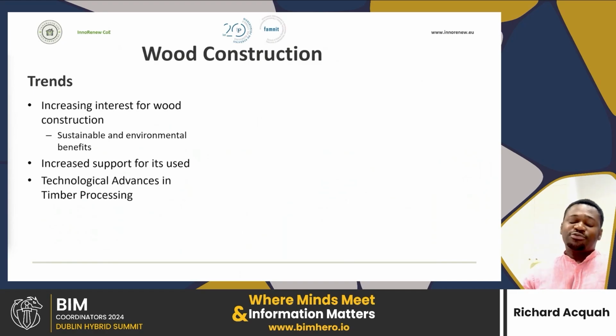And there is a lot of support in the direction of using wood in the construction industry, especially from the European Union. There's a lot of support for research and also for industry to encourage the use of wood in construction. And this has made it possible for a lot of advances in timber processing.